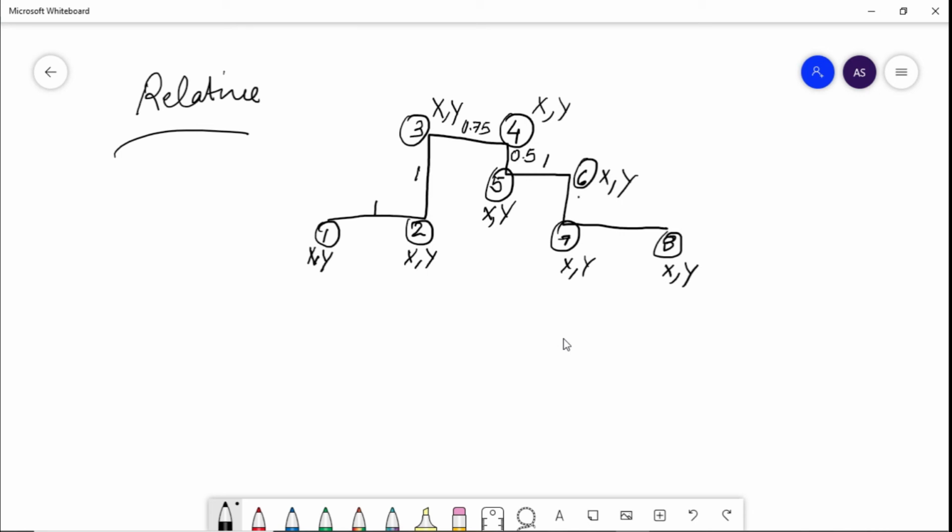This we can take as 0.75, 0.75, 1. And now over here we can say these are the points, and the value of x, the value of y, for points 1, 2, 3, 4, 5, 6, 7, 8.